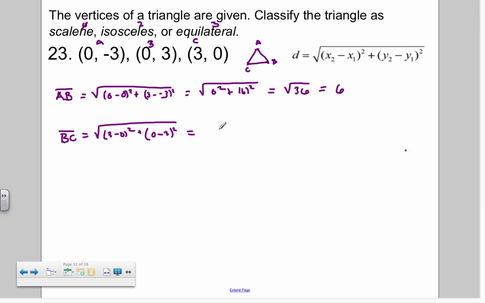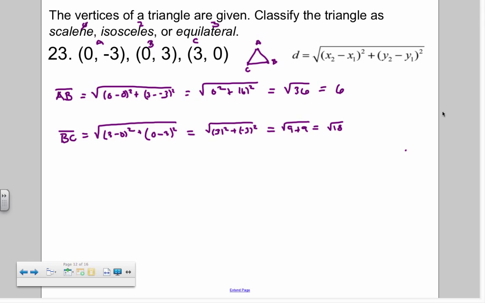Well, 3 minus 0 is still 3, so I should have just 3 squared, and 0 minus 3 should be giving me a negative 3, so I should have negative 3 squared. 3 squared is 9, and negative 3 squared is also 9, which gives me the square root of 18.